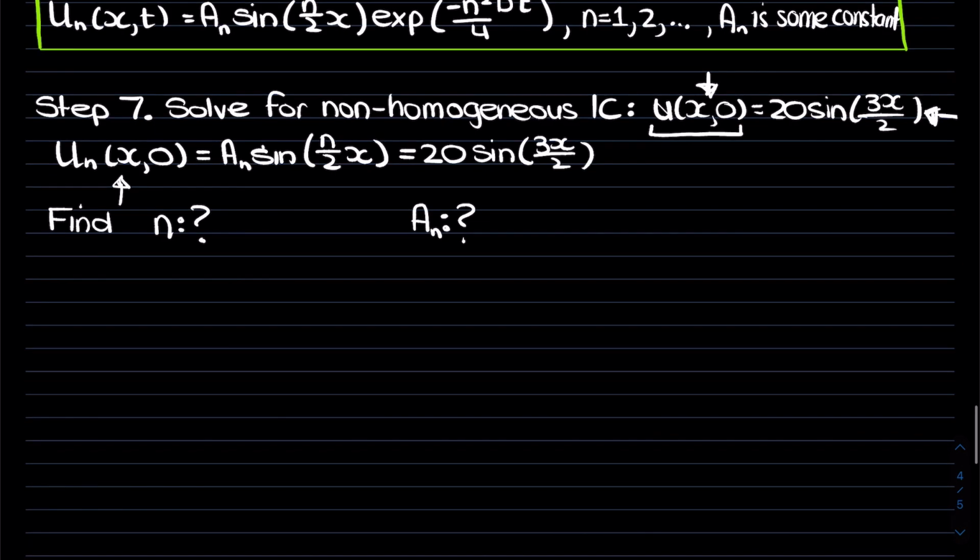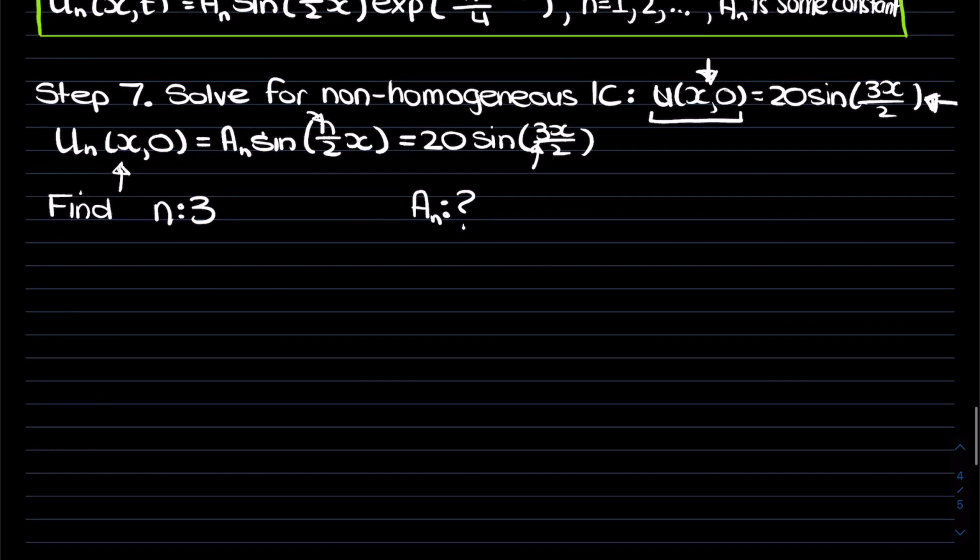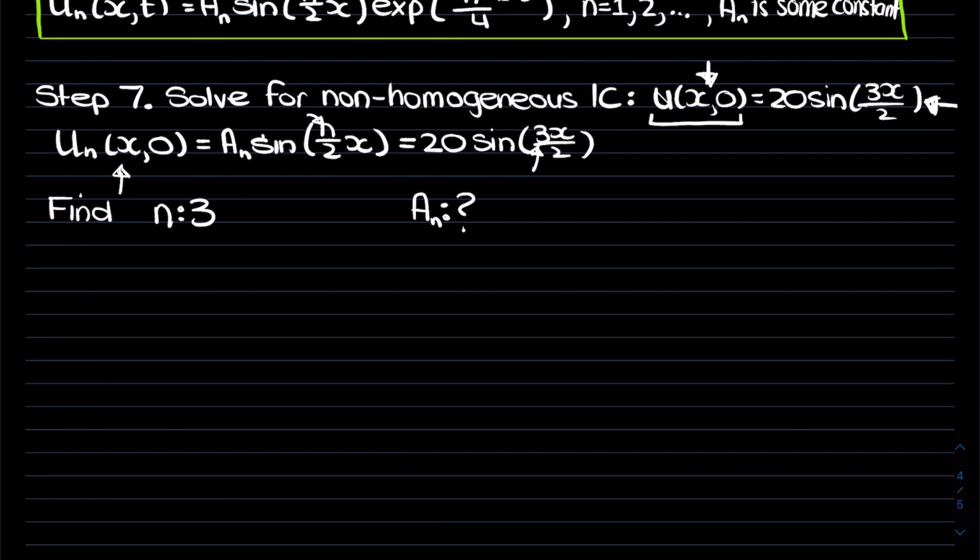So if we're just matching the left and right hand sides, it's pretty easy here to see that our n should equal 3 because of what's in here and what's there. They match if n will equal 3. It's also very easy to see that a of n should be 20 here. Sometimes you might get a little bit harder case where you need to do a little bit more rearranging, but that's the general gist of it anyway.